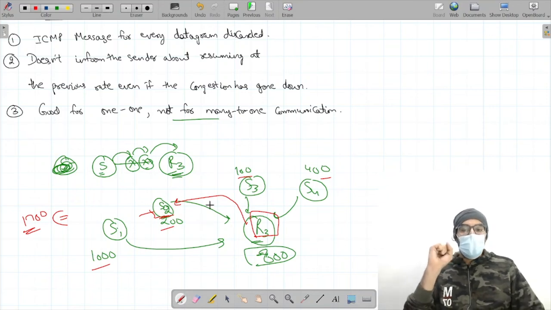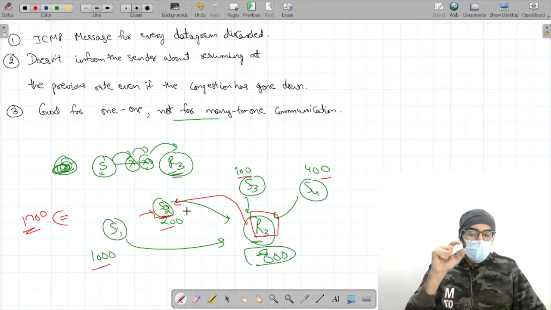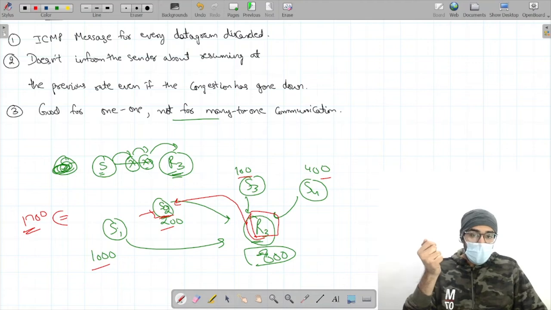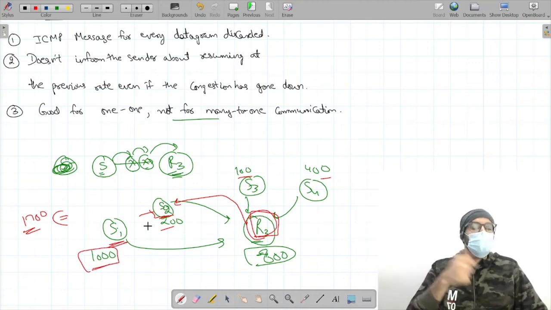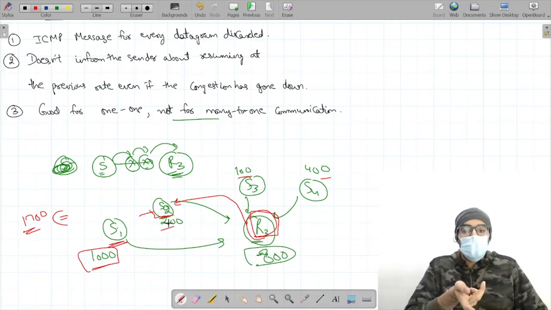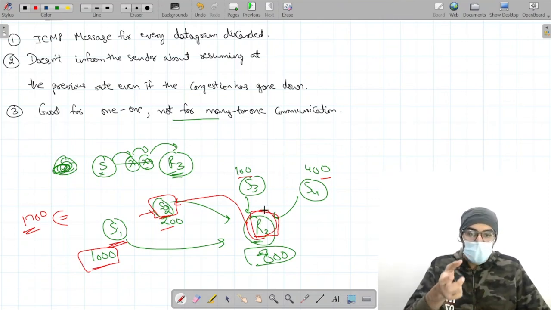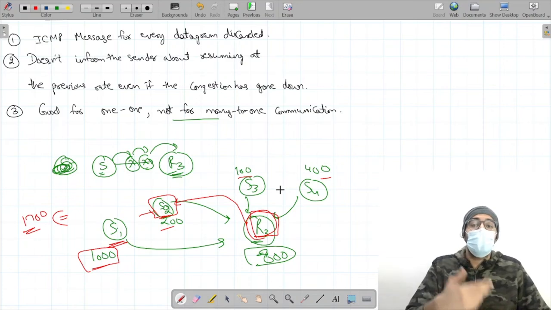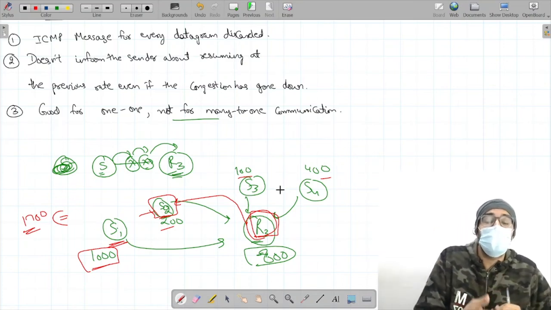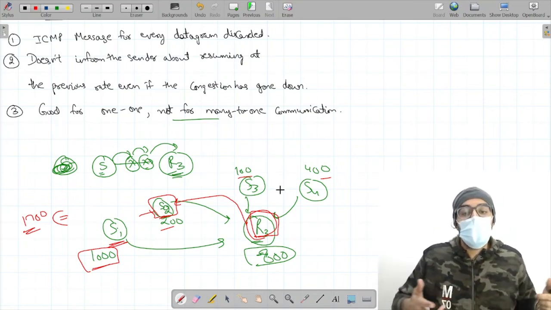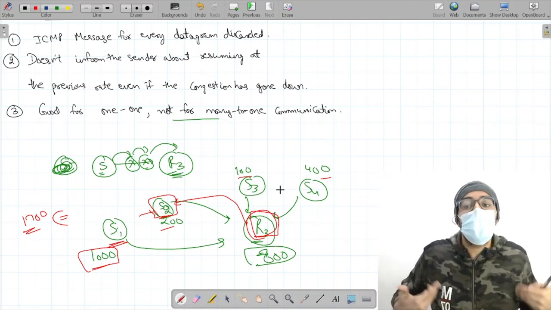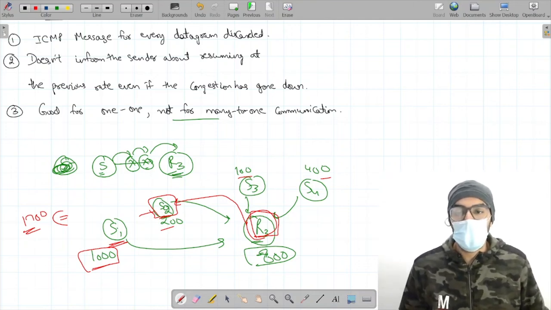The best thing that R3 could have done was just sending an ICMP message to source S1, and this would have done the work. But now, since it has sent it to source S2, its capacity of 1800 is still not matched. The other senders have to decrease their sending pace more, so router R3 has to again send the ICMP messages. So this is one of the shortcomings.